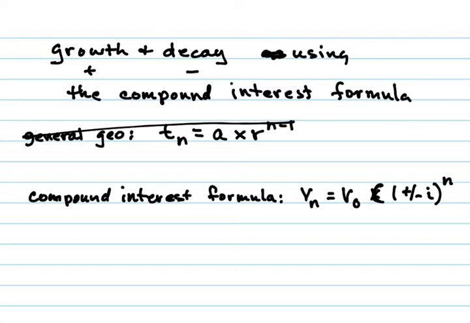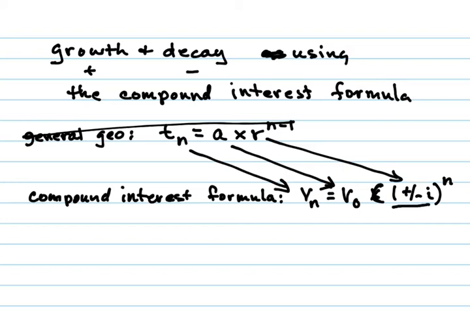But if you look at this, this is almost the same formula. You have the sub n, or the future value. You have your first value, or the initial value. You have the rate of change, the amount that this is changing, so that's like your R. And then the only difference is instead of n minus 1, you have plain old n.